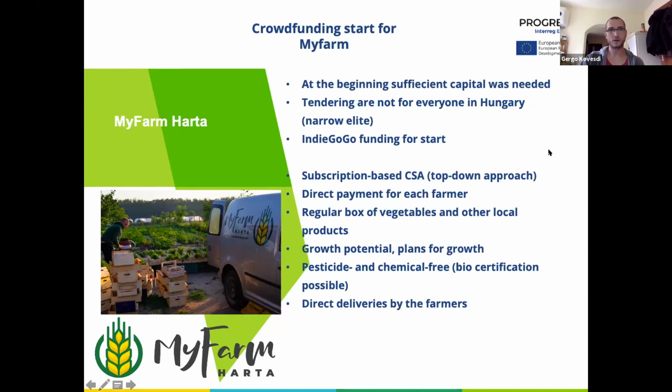At how we started My Farm Harta, because it was very unique, and in Central Europe I haven't met such a revolutionary business model. At the beginning, sufficient capital was needed, and we tried tendering and so on to make our vision happen.